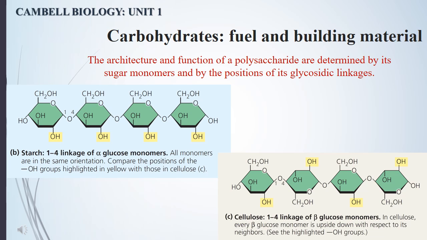As you remember from the previous slide, the only difference there is the conformation and the relative position of OH groups. Now, in the case of starch, which is figure B, we have all the hydroxyl groups, OHs, aligned on one side of the polysaccharide.